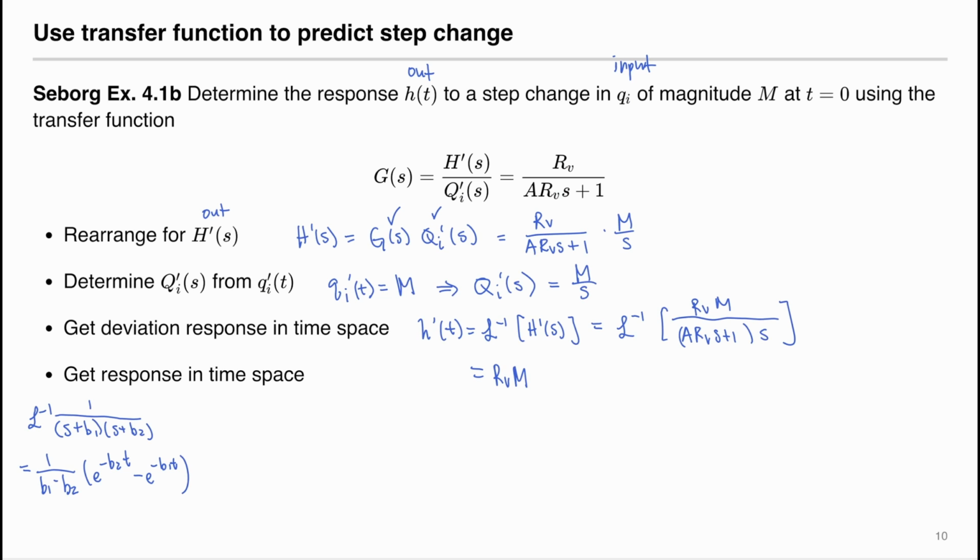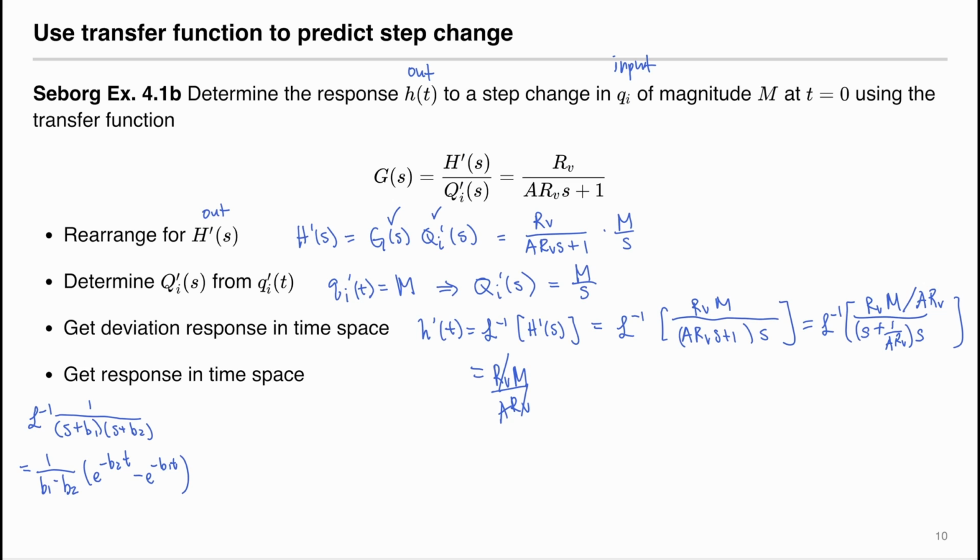I just want to rewrite this a little bit so that we have the inverse Laplace of R V M divided by A R V, and we want to isolate the s term, so we divide both top and bottom by A R V. At the bottom we have s plus 1 divided by A R V, and the top is divided as well, so that the constant becomes 1 divided by A R V, and R V cancels out.